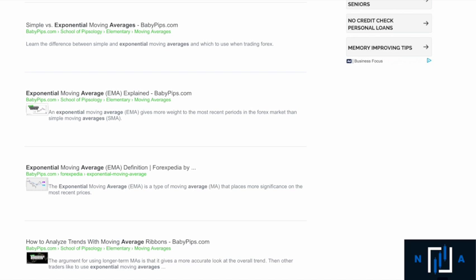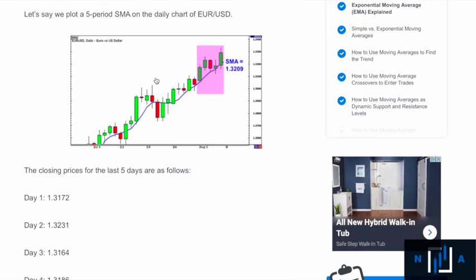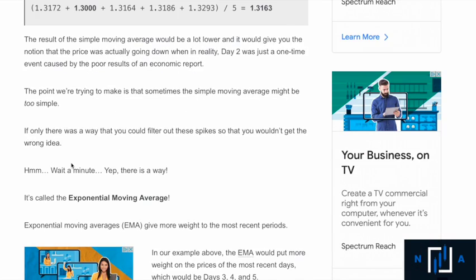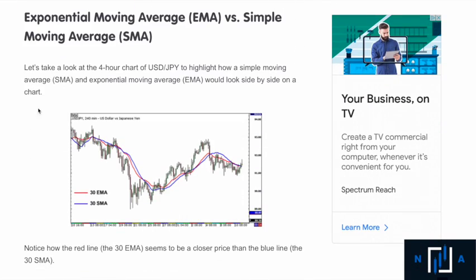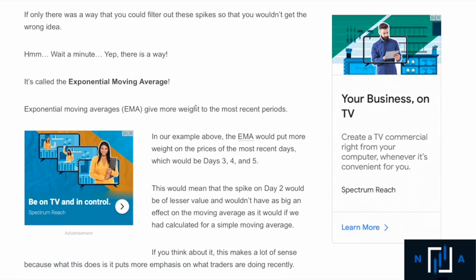If we get more specific with exponential moving averages, there's the simple, there's the smooth, and there's also the exponential, which differentiates itself by this definition: it gives more weight to the more recent.